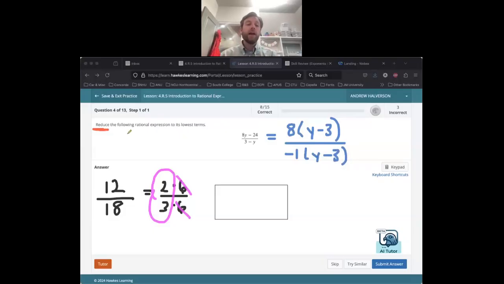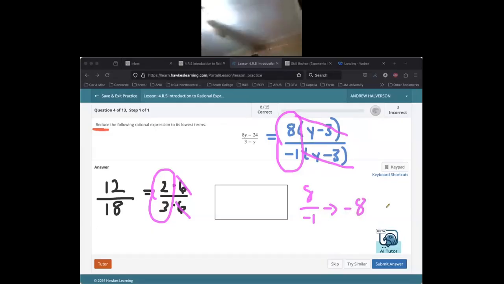And so now we have a y minus 3. You cancel the y minus 3 in total, leaving yourself the 8 over -1. And 8 over -1 becomes -8. 8 over -1 is the same thing as 8 divided by -1.